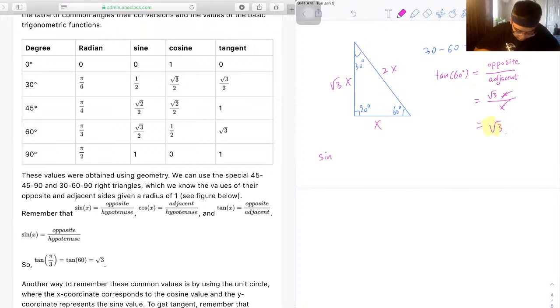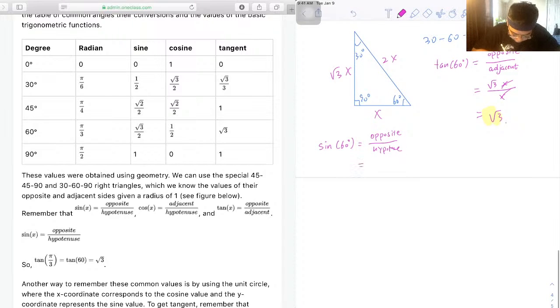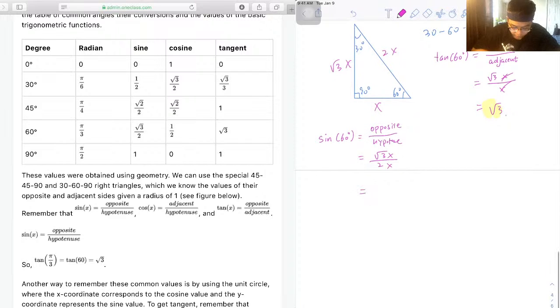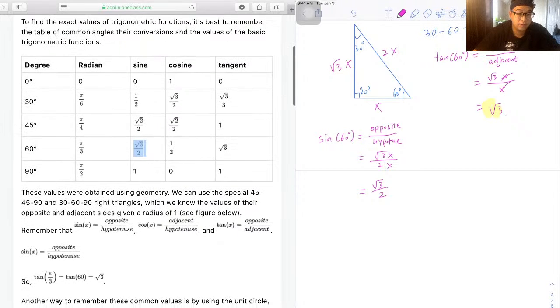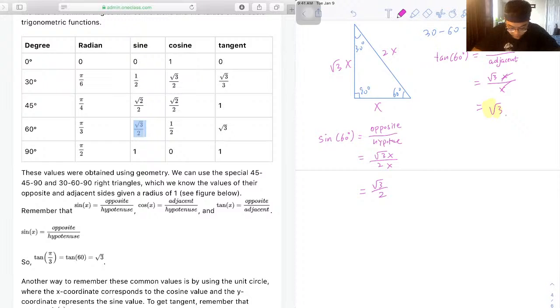So sine 60 will be equal to opposite over hypotenuse, which is equal to root 3x over 2x, which is root 3 over 2. And you can see here, it's still root 3 over 2 in our table, so we're getting the correct answer.